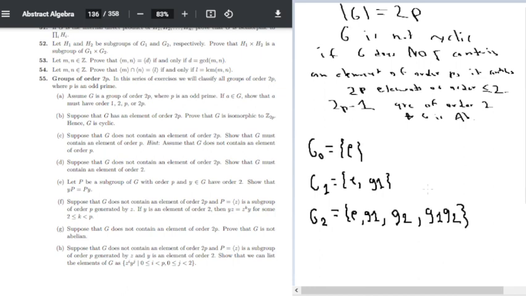Yes, because if there's not an element of order P, we have at least 2 elements of order 2. And 2 different elements of order 2 gives us the ability to form a subgroup of order 4, which contradicts the order of our group G. So interesting, that's actually a very strong restriction.